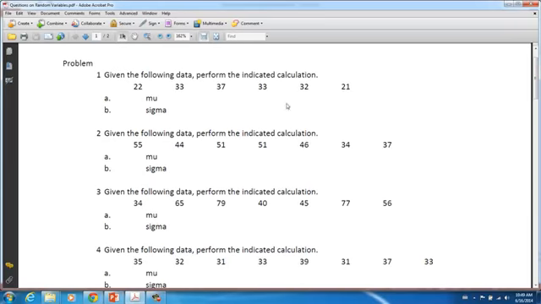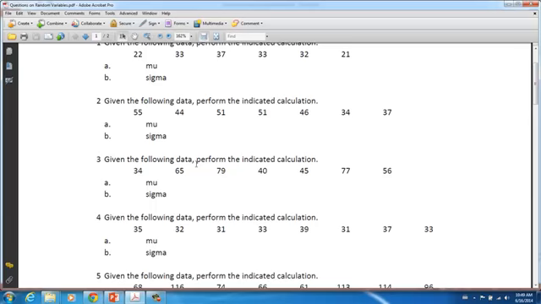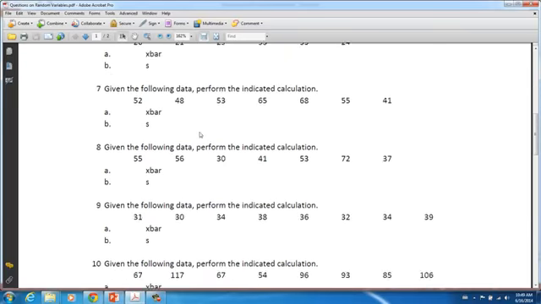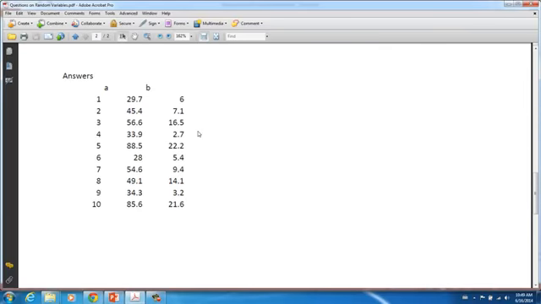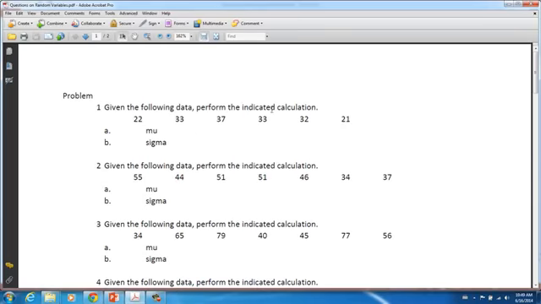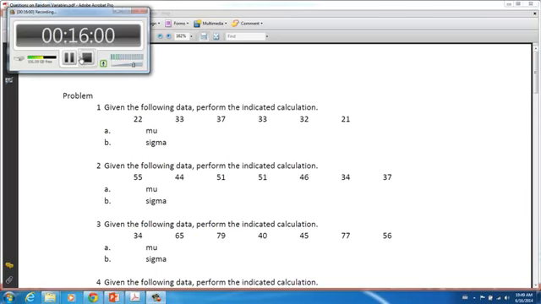Take it and make your own tables. Work it out by hand. Yes, it is boring. Yes, it is tedious. Do it. And I've even got the answers there. Once you're done, you can check your answers and you can see if you did it right. And so thus endeth the lecture.